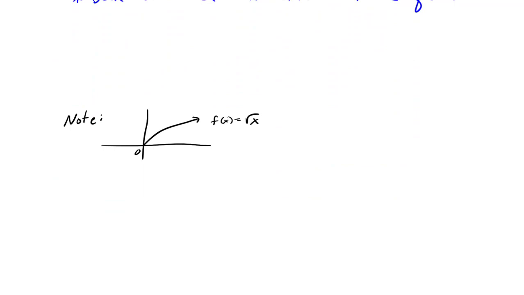Now, there can be cases where you don't have both sides. If we look at something like the square root of x, obviously the square root of x does not have the negative numbers as part of its domain. So the only way you can approach 0 is to come from the right. We could say the limit as x approaches 0 from the right of the square root of x, and ask that question.